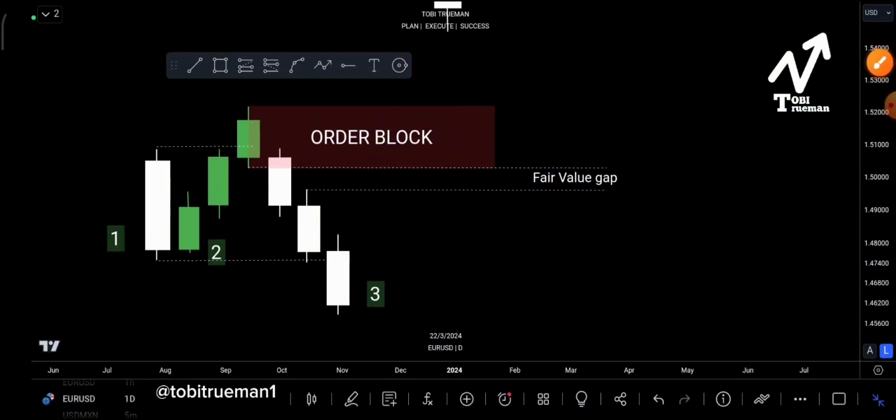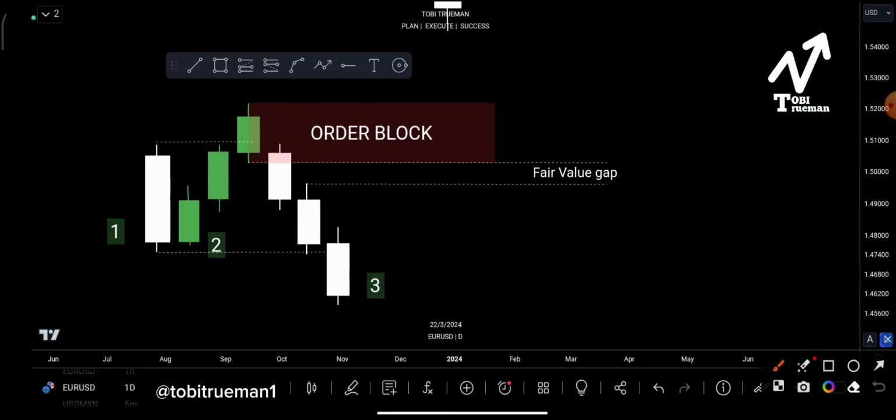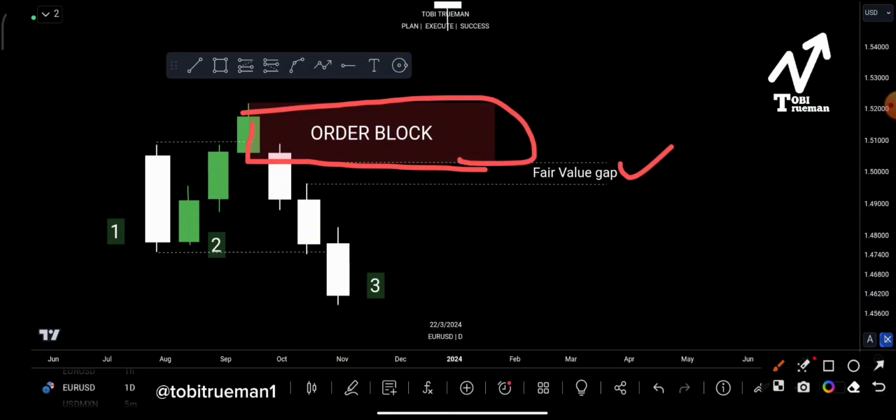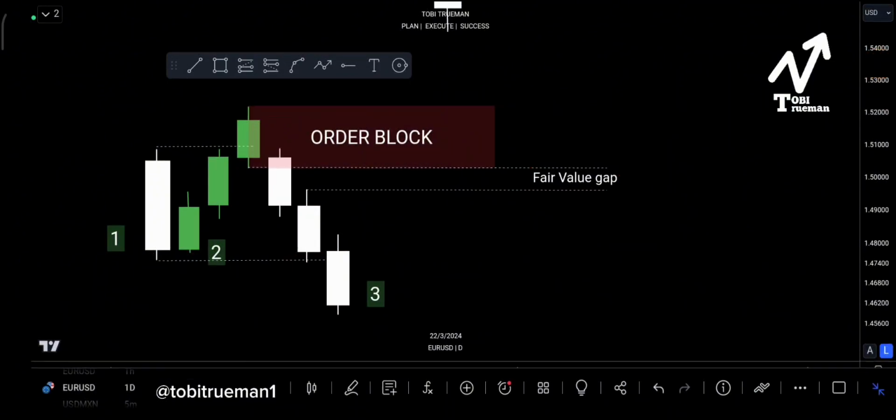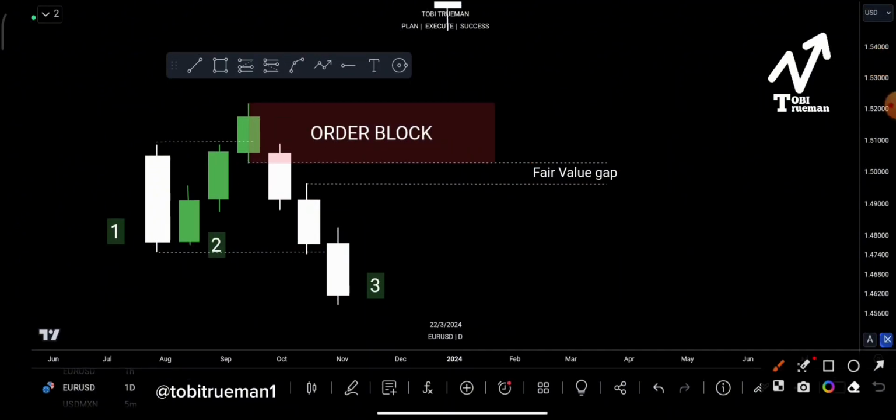Then we talked about order block previously. A valid order block is one that has an unmitigated fair value gap, meaning that there must be a gap between this candlestick that is serving as the order block, which is the last candlestick pullback before price takes out this low point. Then after that, we want price to leave a fair value gap in between.